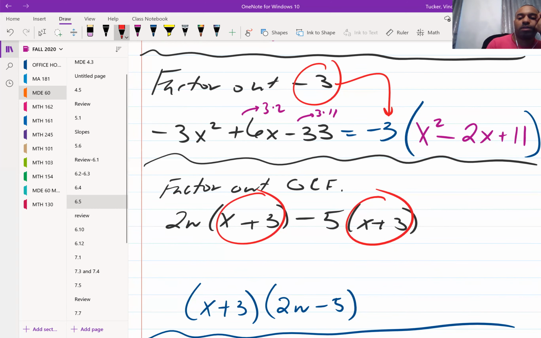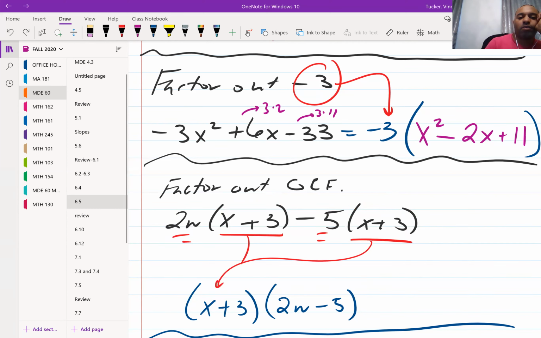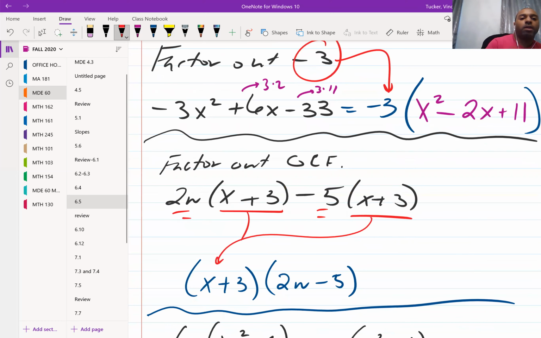So what we're going to do is take the x plus 3 just like we did this 3. We pulled the 3 to the front. We're going to take the x plus 3, bring that out front. And then what is left is the 2w minus 5. And we put that in the other parentheses.